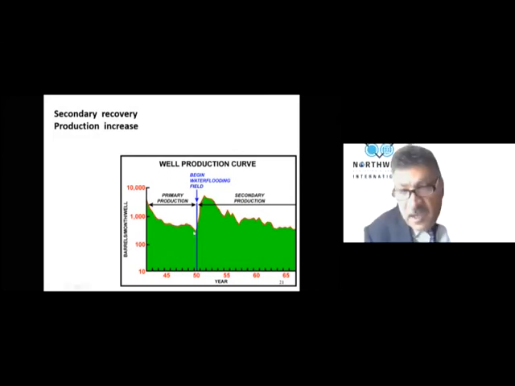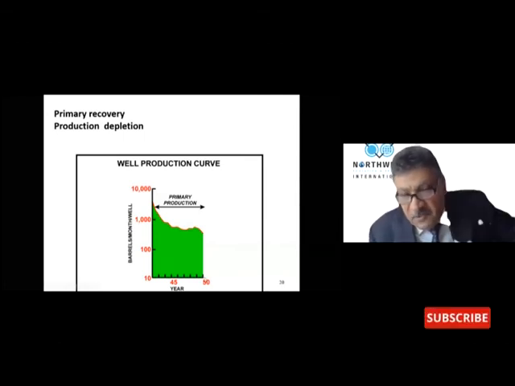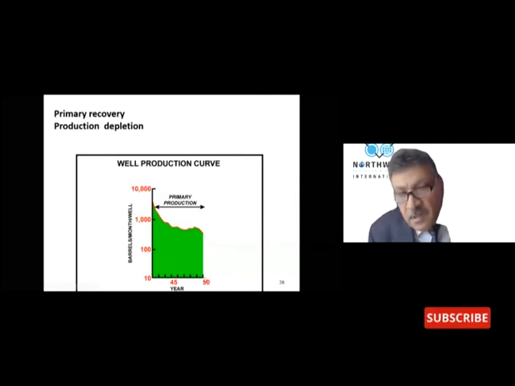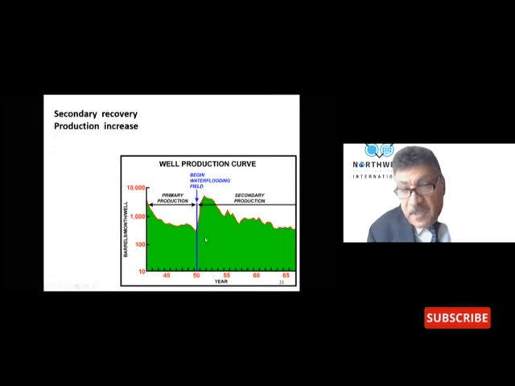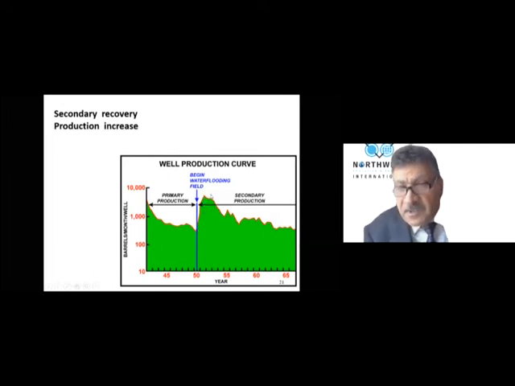So you see here, the number 50. Maybe after 50 years, after 50 weeks, after whatever number, the oil production gets smaller. I need to increase it. I do water injection. See the curve, the red line, the red curve jumping, because the pressure is built up, so we have better production.